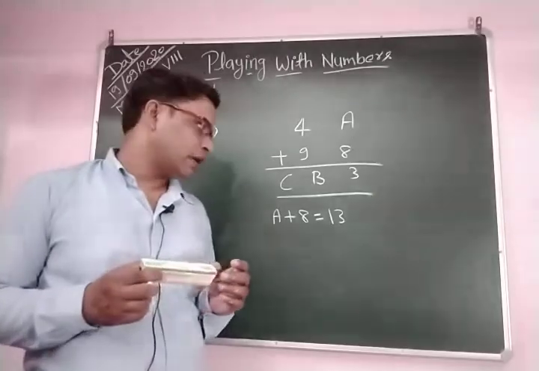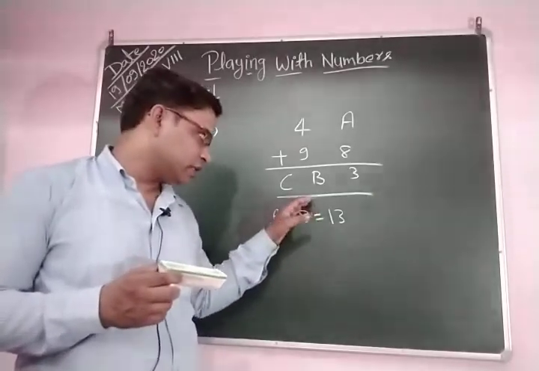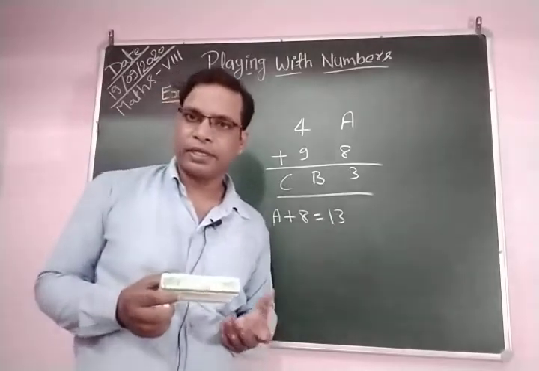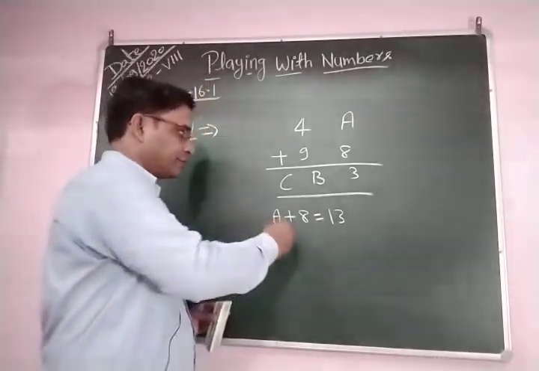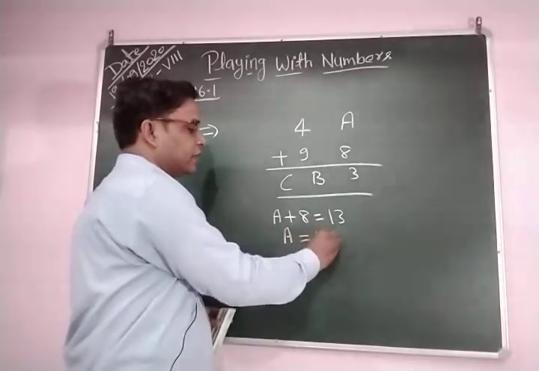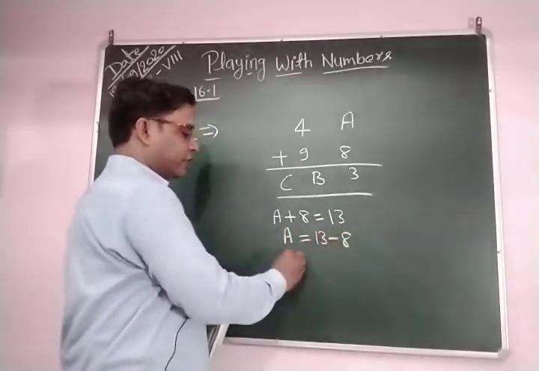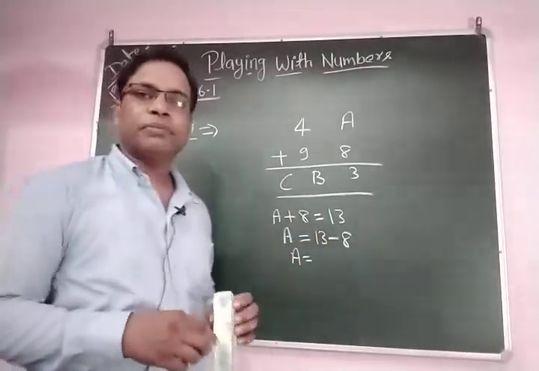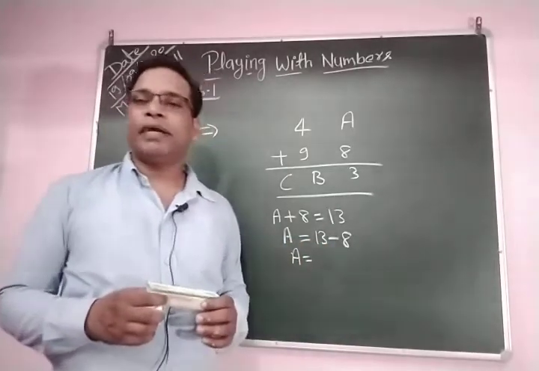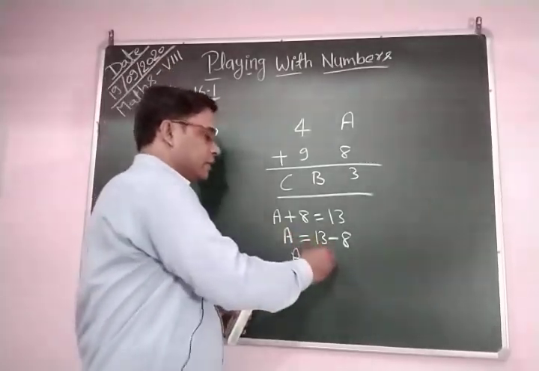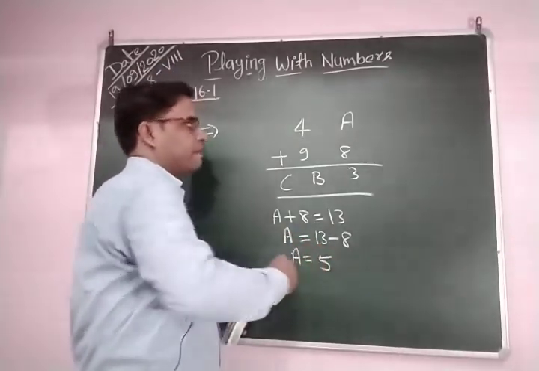Obviously you can say if you transpose this 8 to the right hand side, then you obtain the value of it. Clear? So A is equal to 13 minus 8. If you subtract 8 from 13, we find the result is nothing but 5. Okay, so it means that A is equal to 5.